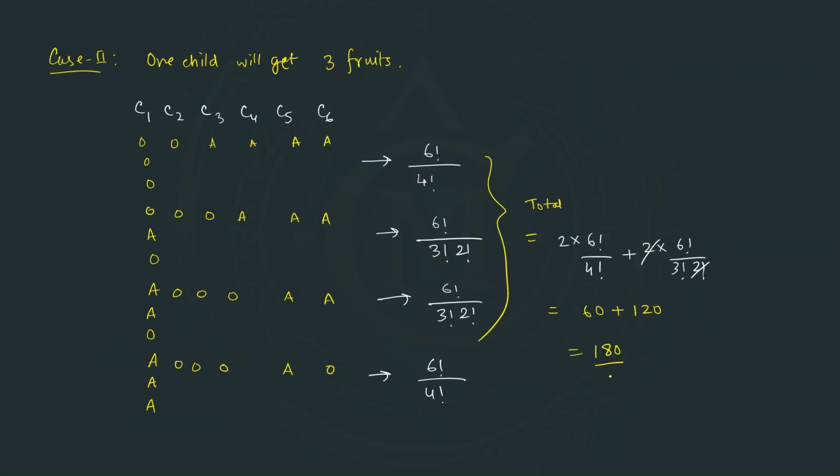And no other cases are possible because the maximum number of fruits that each child can get is equal to 3. Because let's say if we give the child C2 4 fruits, then any of those remaining children has to have 0 fruit, but that is not possible.